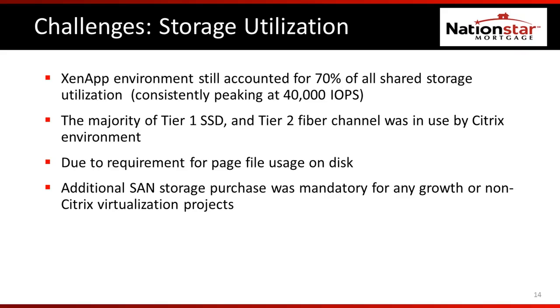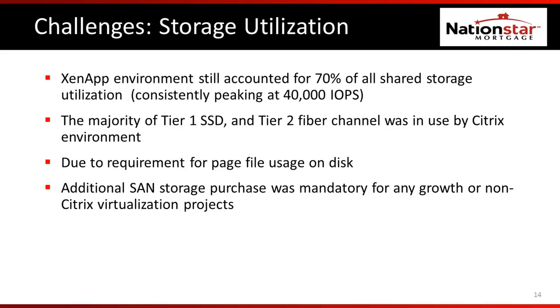We accounted for approximately 70% of that. So with FAST policy enabled, we would still be the largest consumer of Tier 1 and Tier 2, the SSD and Fibre Channel storage. And this again was due to the requirement for our page file being on disk, for Edgesight, and all those other things that are associated with the persistent disk in PVS.